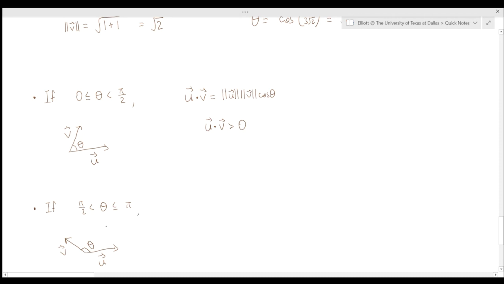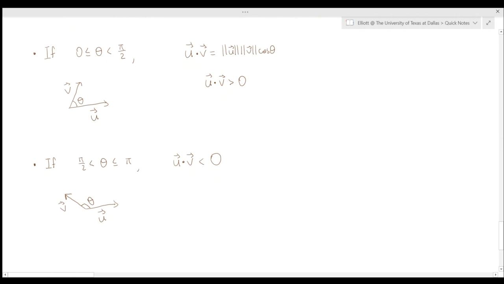Cosine is going to be negative whenever the angle is in the second quadrant, as it would be here. So look at this formula: if cosine is negative, that would make the whole thing negative. So you would find the dot product will be negative in this case.